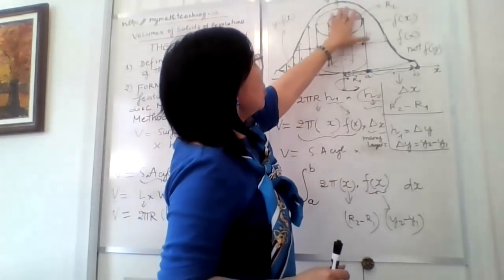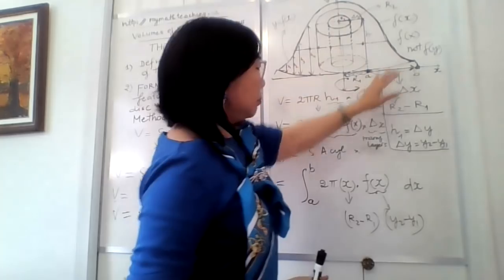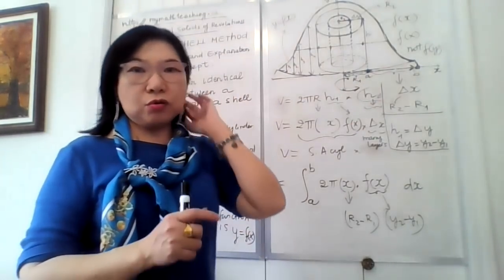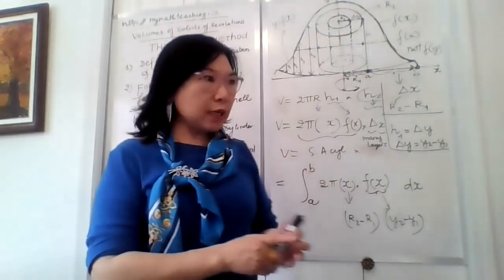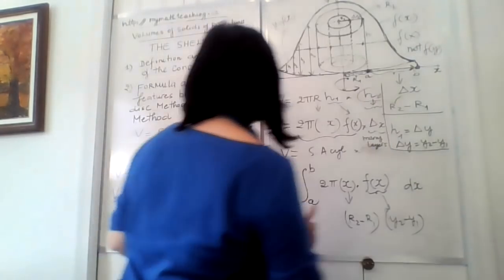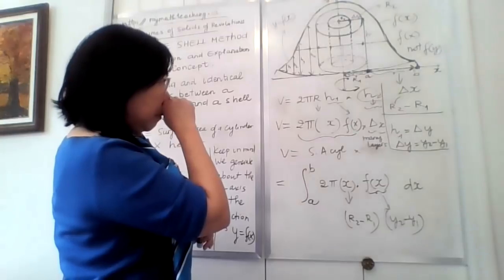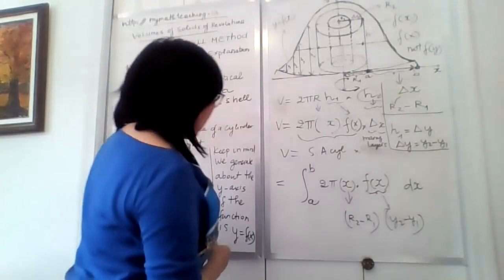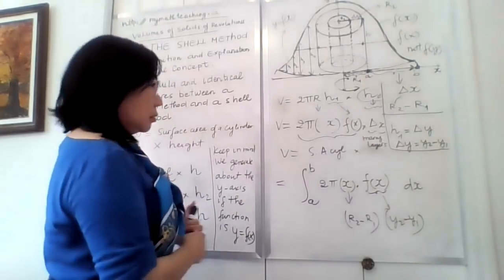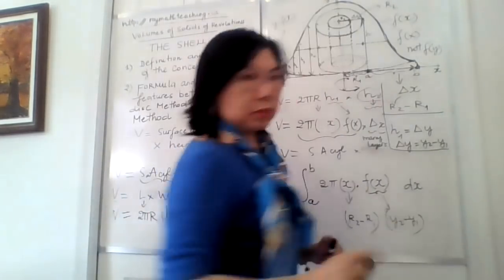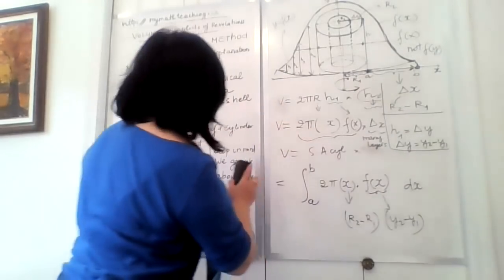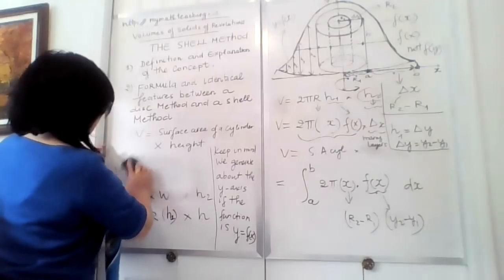So what if we don't generate one function like that, but if we generate two functions? So I will show you the picture of two functions, how it looks.